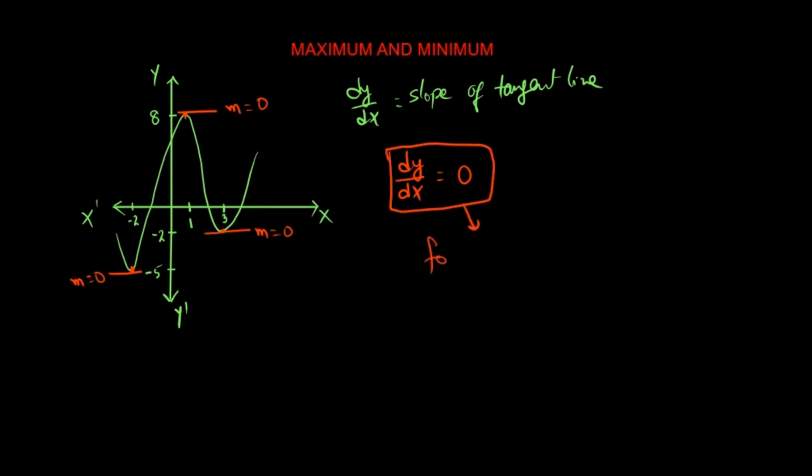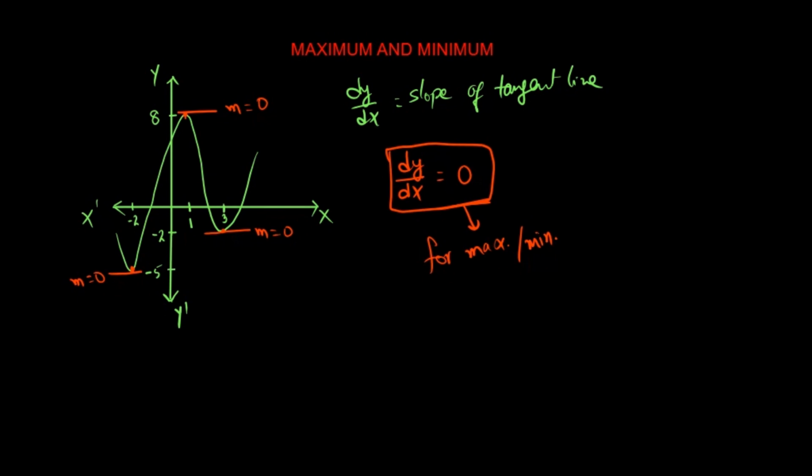For maximum value, dy over dx is 0, as well as for minimum values, dy over dx would be equal to 0. Let's remember this. We will use this concept to find the minimum and maximum of a function in the next video.